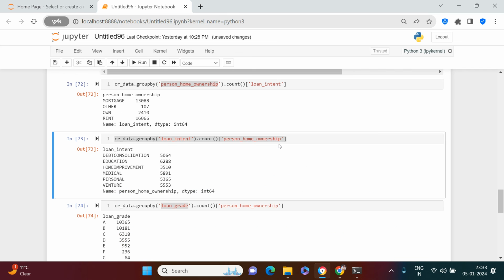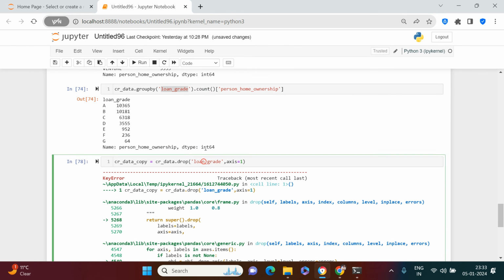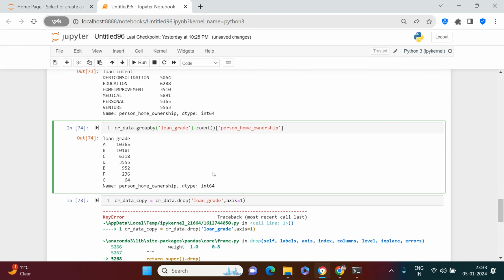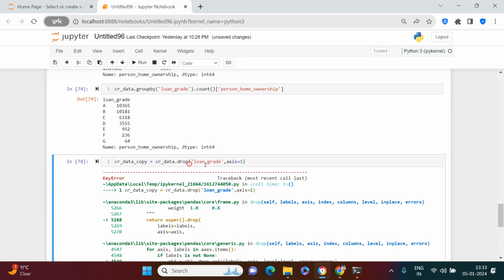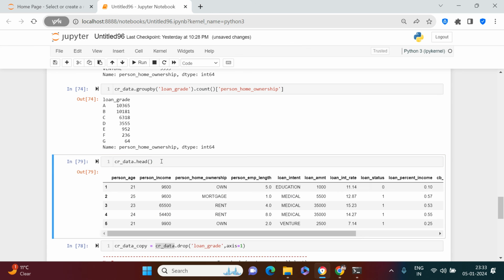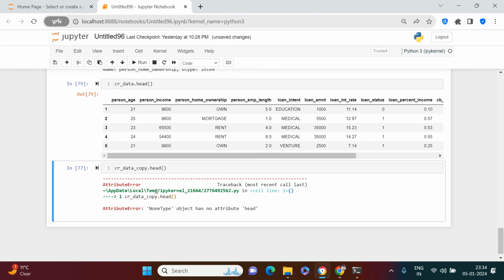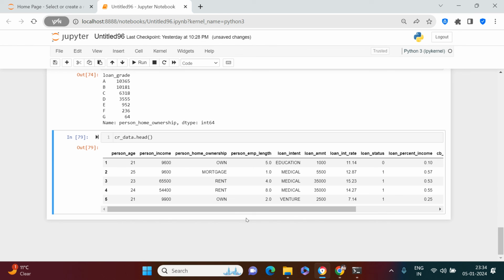Okay, I had created a copy of it, isn't it? I did something wrong. Let me see if this still has the data. Okay, this has the data. Now over here there's something wrong. What exactly? NoneType object has no head.